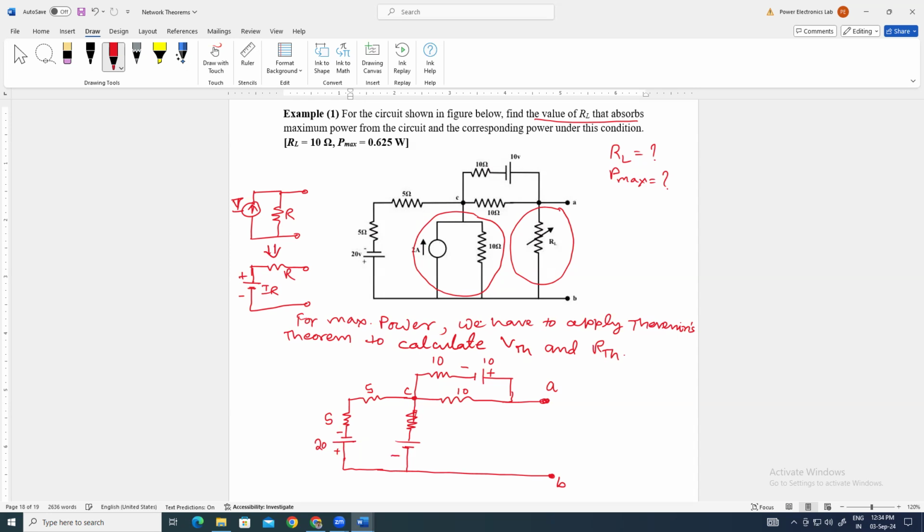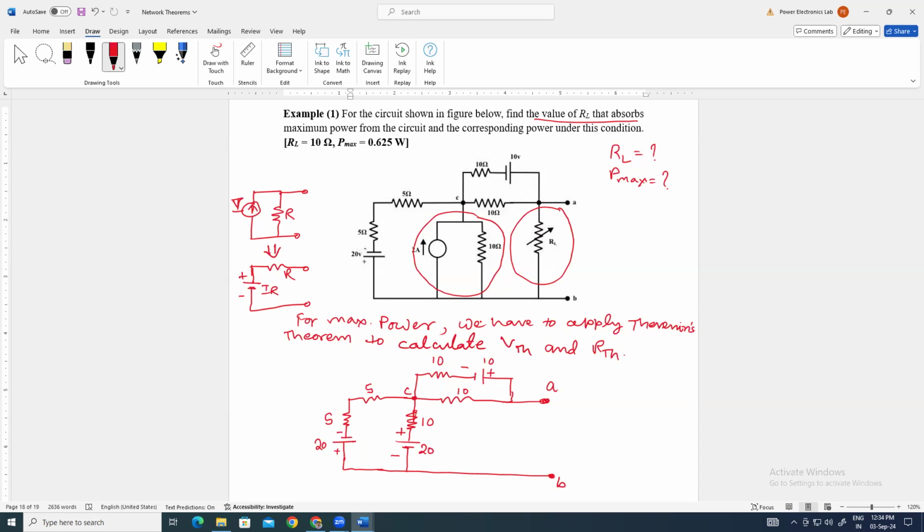The resistance will be the same. What will be the voltage source value? 20 volt, because a 2 ampere current source is there and 10 ohm is connected in parallel with it. Resistance multiplied by current is the voltage source value: 2 into 10 is equal to 20 volt, right? 20 volt.